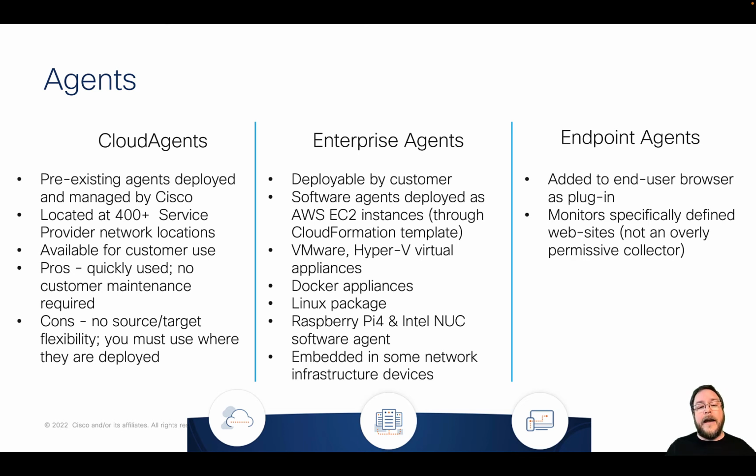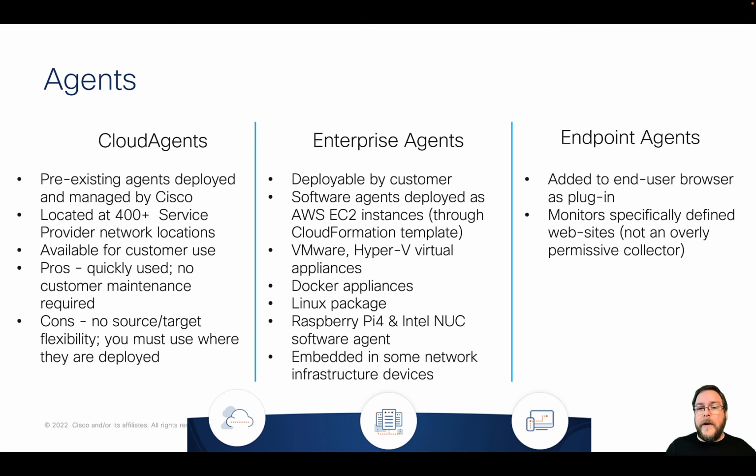An enterprise agent is deployed by you, which gives you the ultimate flexibility of placing them anywhere you want. They can be deployed as AWS EC2 instances through CloudFormation, and we'll talk about that. You can deploy them in your own private cloud or data center using VMware or Hyper-V virtualization technologies.